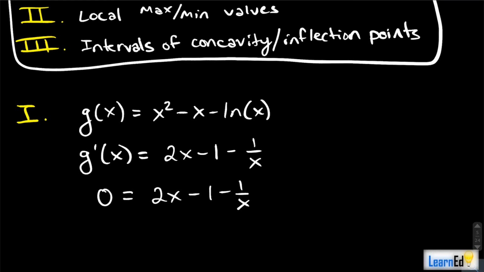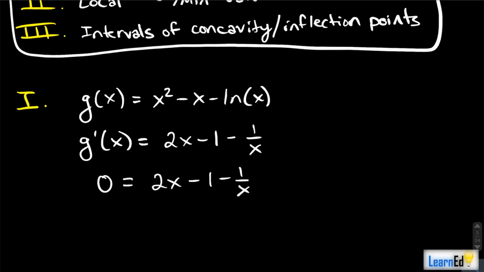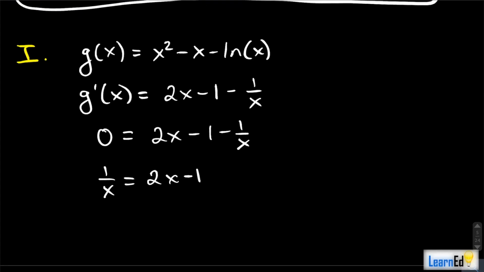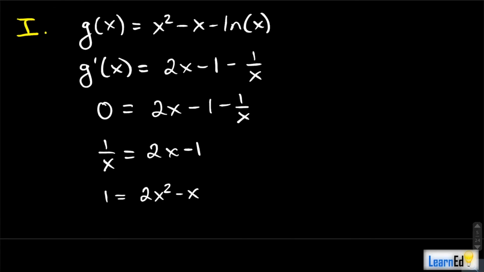From there, we can add 1 over x to each side. And from there, we can multiply x on each side. So we can actually say that this is 1 equal to 2x squared, in which case we can now subtract the 1 over, and we have a quadratic.